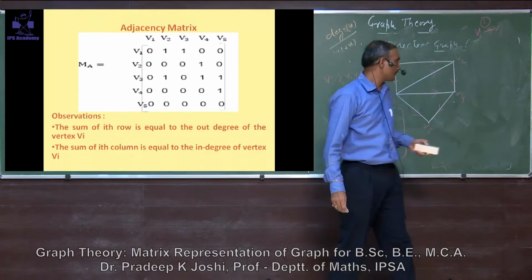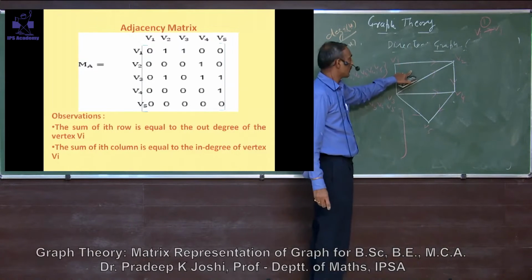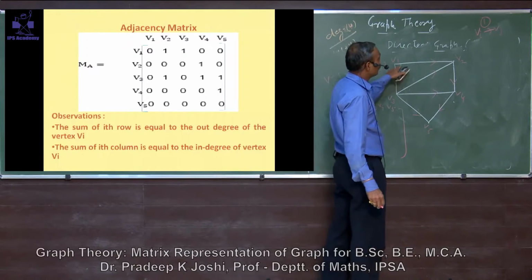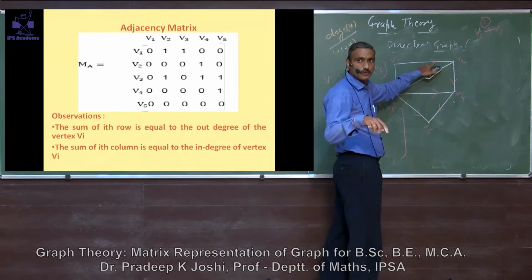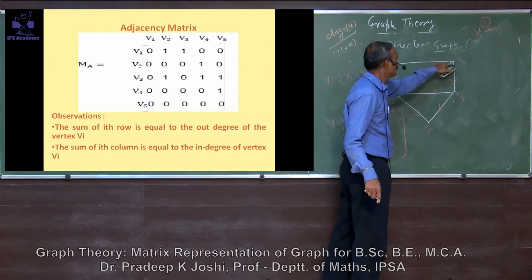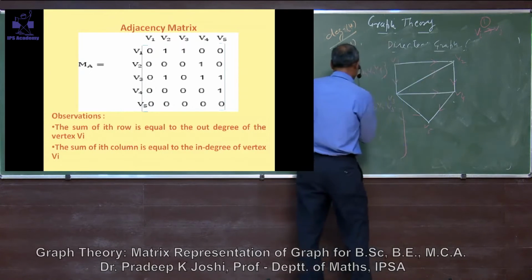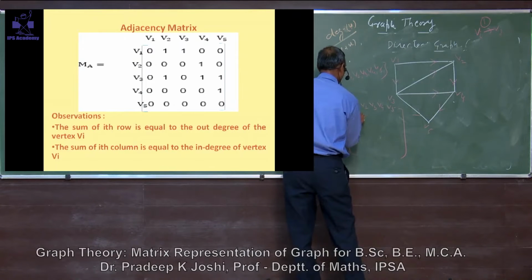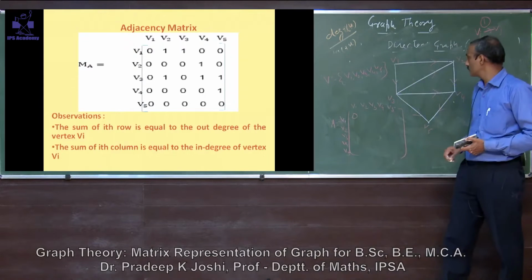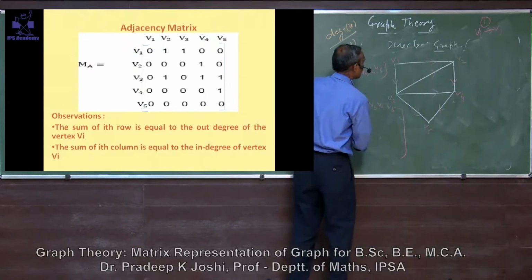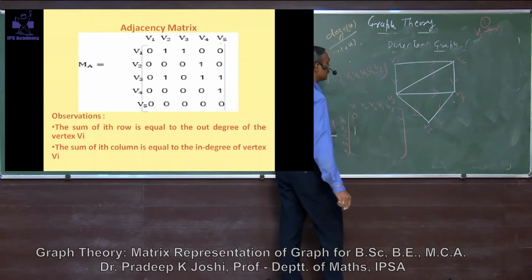So just look at this graph here. There is a direction from V1 to V2, so from V1 to V2 we will put 1. V1 to V1 there is no self loop, so we put 0 here. Then V1 to V2 has a direction, so we put 1.